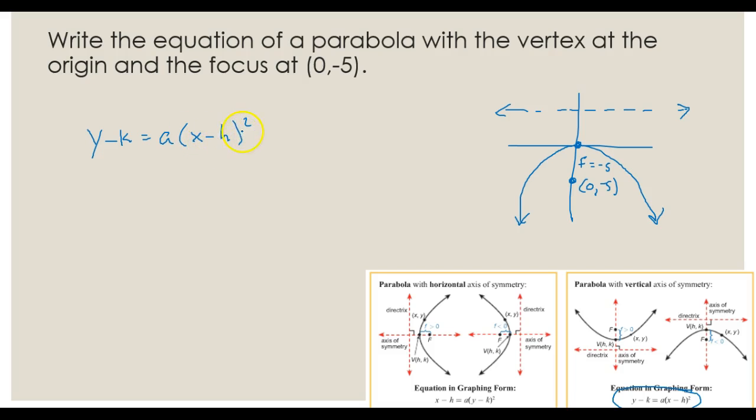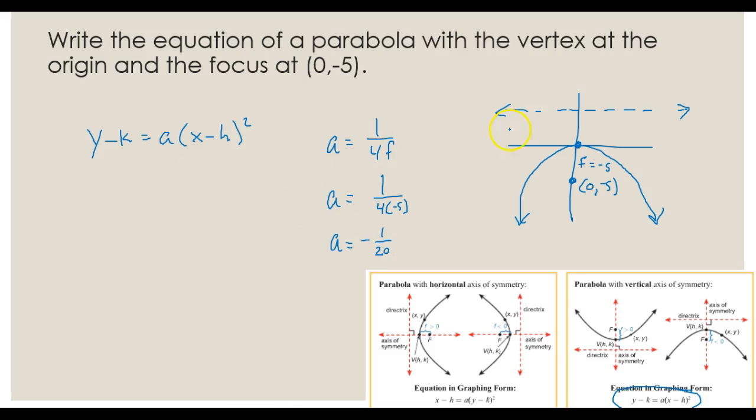And the thing that's missing here is that a equals 1 over 4f. f is the focal length. In this case, it's the -5. So let's figure that out real quickly. a equals 1 over 4 times -5, which is -20. So a equals -1/20.